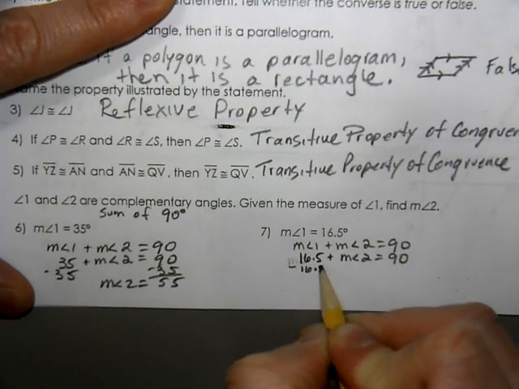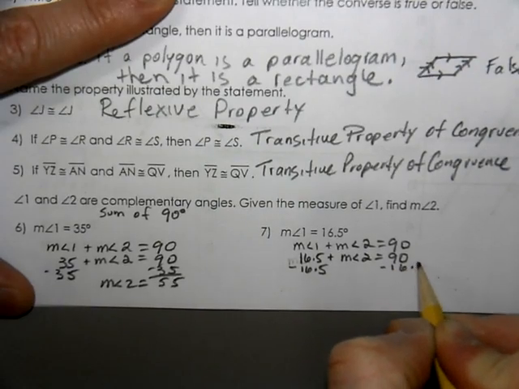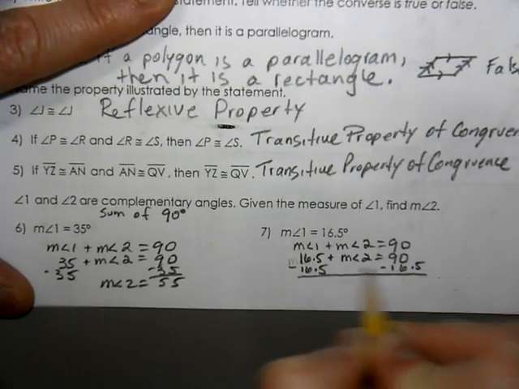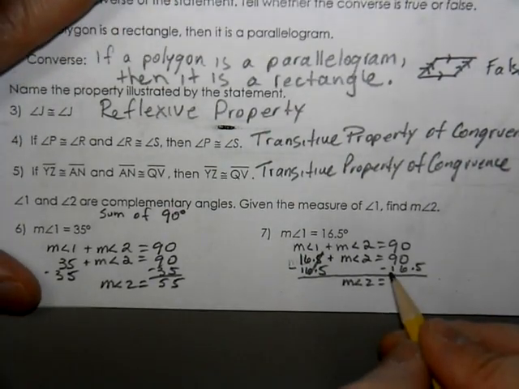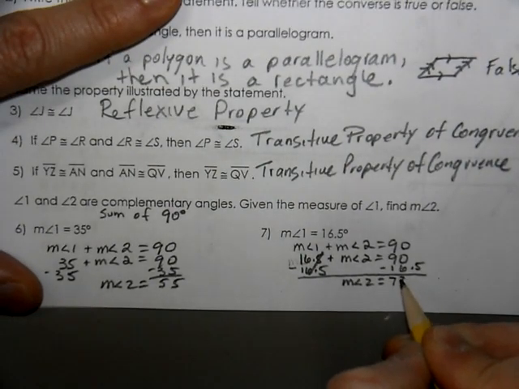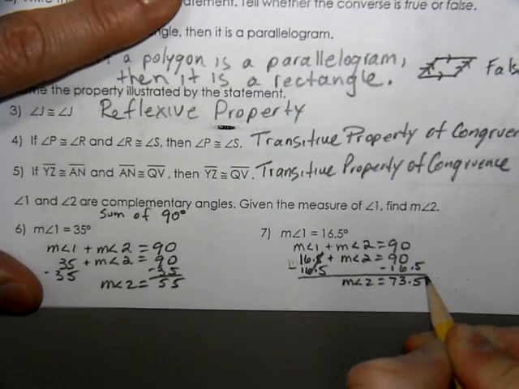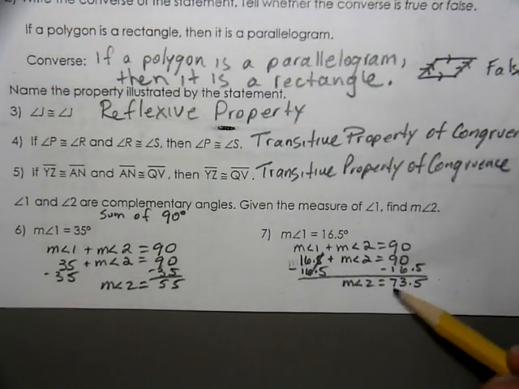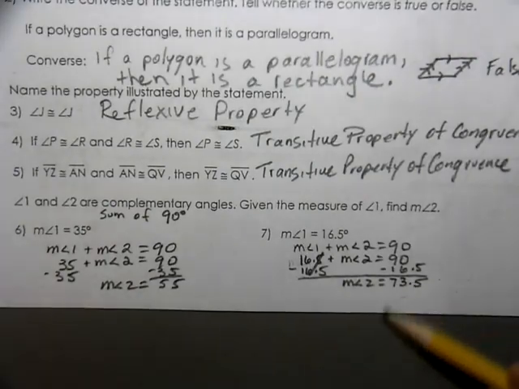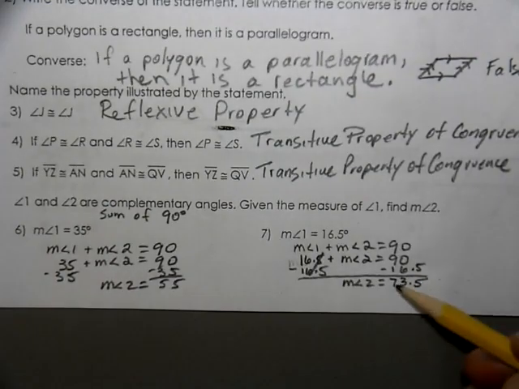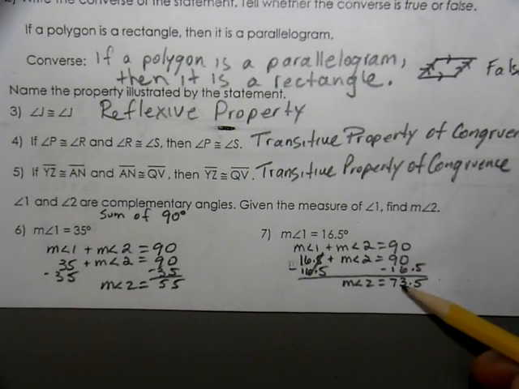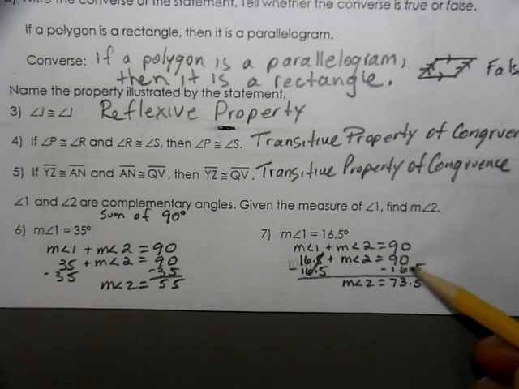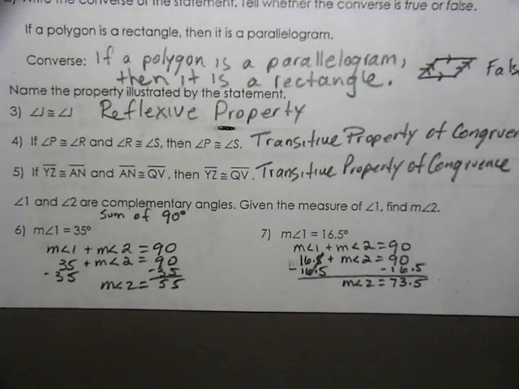So we'll subtract, and we'll get 73.5. One way to do subtraction is actually to do it backwards and look at addition. 73 and what makes 90? 73 plus 10 gets you to 83, plus 6 gets you to 89, and a half gets you to the 90.